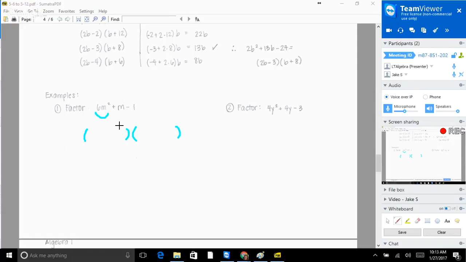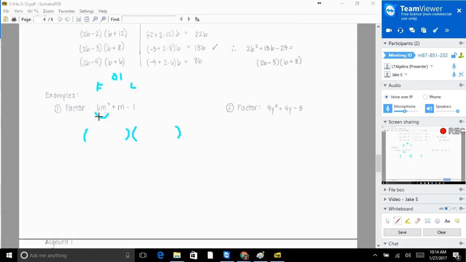So we're going to do the same exact process that we did before, where we have our terms and we're going to try to figure out, okay, what should go first and what should go last in our FOIL, and then see what makes the outside inside work out, right? So we have 6m squared, so we can't automatically just put m and m here. We have to figure out what goes to make 6m squared.